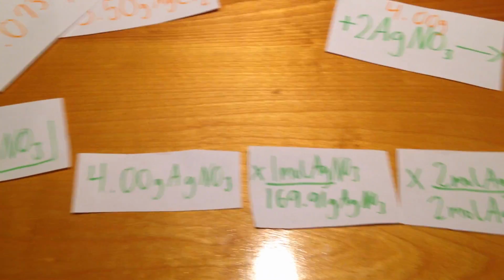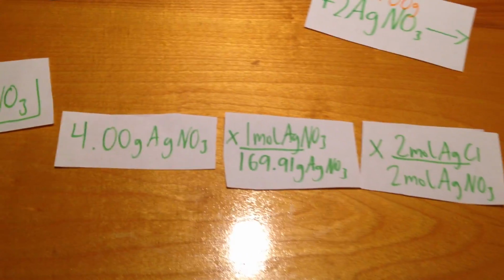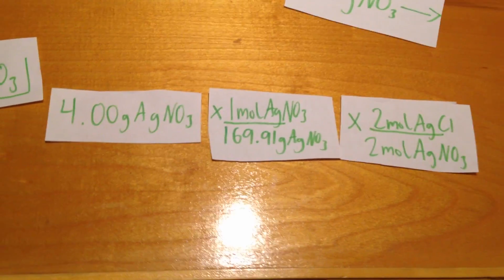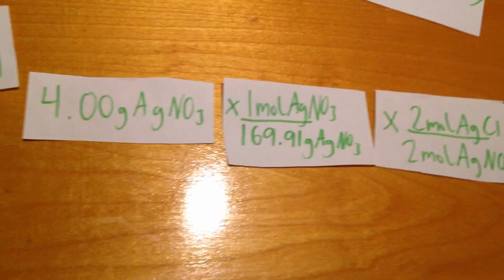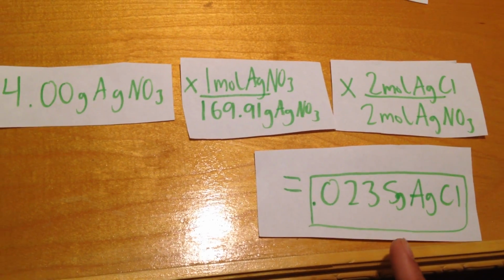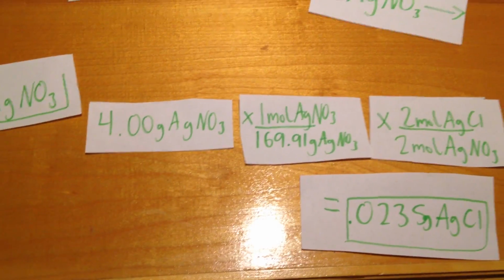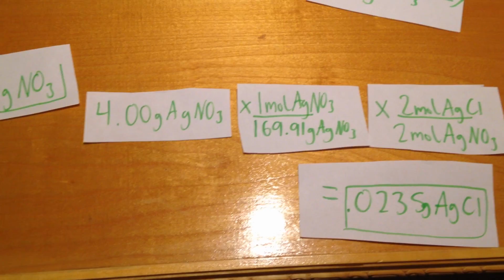Now we can do the same things we did and put it in our calculator, and we can solve for the moles of silver chloride. Once we do that, we get 0.0235 moles of silver chloride. Now, to determine the limiting reactant, we have to determine which value is the least.